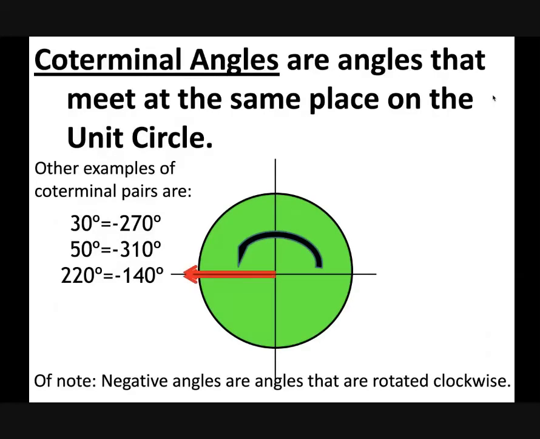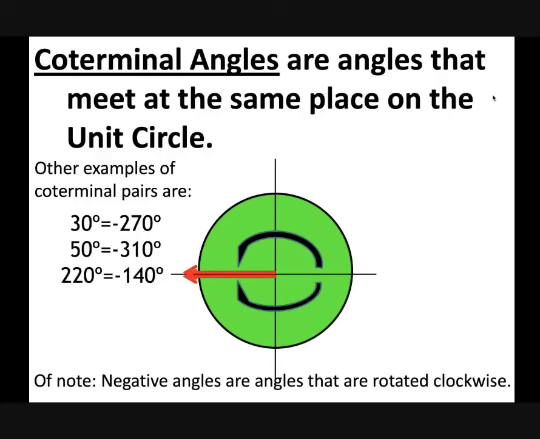So that's a rotation of 180 degrees. And the other way would be a rotation of negative 180 degrees. Of note, negative angles are angles that are rotated clockwise. So just as if you were to rotate 30 degrees, you would have to rotate negative 270.